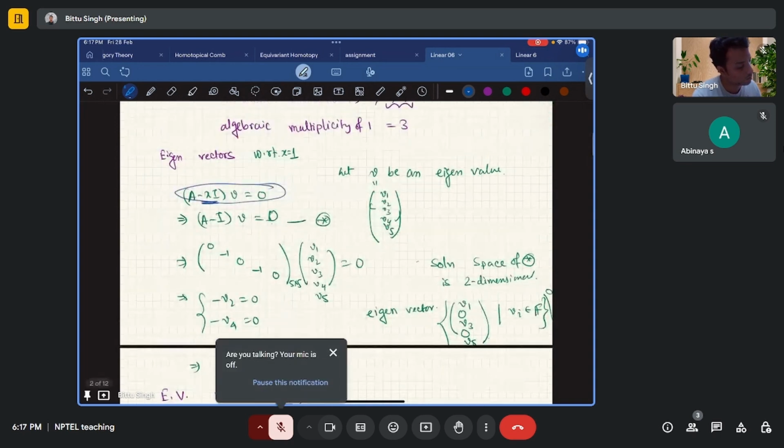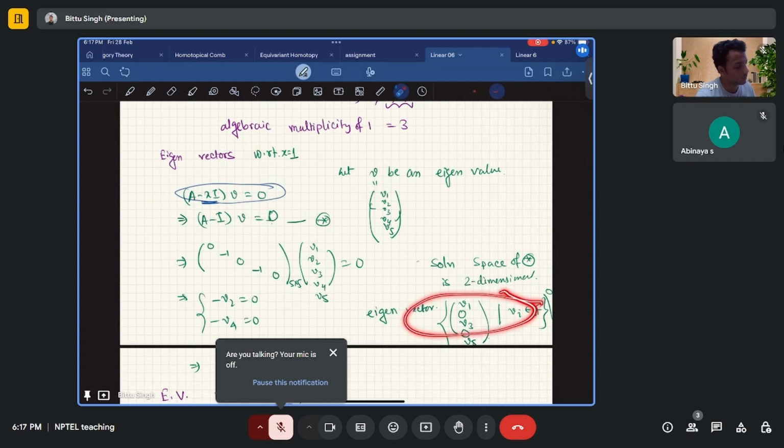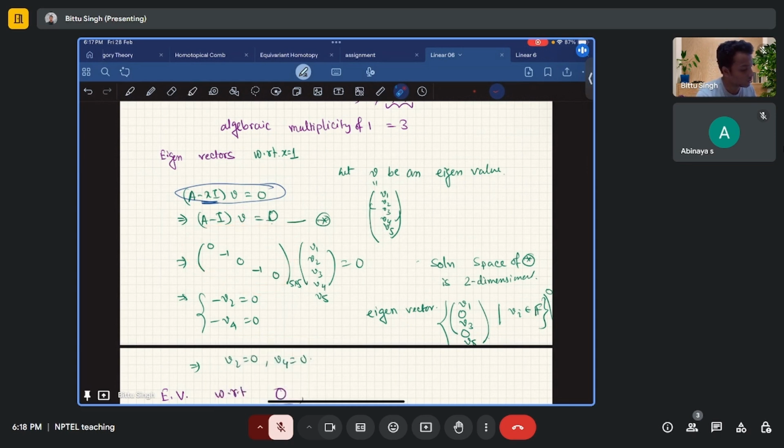Corresponding to 1, we have already found there are 3 linearly independent eigenvectors, because the rank of this thing is 2 and the solution contains 3 linearly independent eigenvectors. So explicitly it is spanned by those 3 things: 0 0 1 0 0, and the vector where the fifth entry is 1. But for eigenvectors, we need to delete 0.